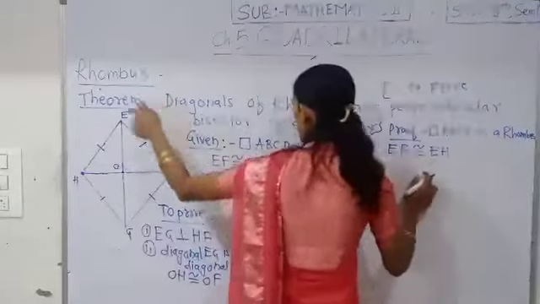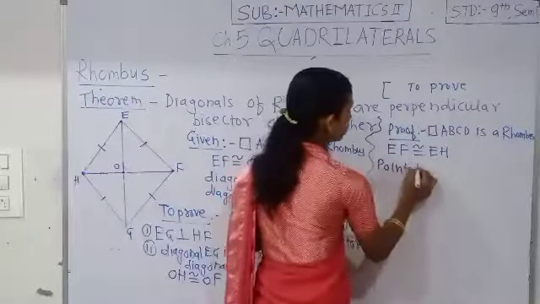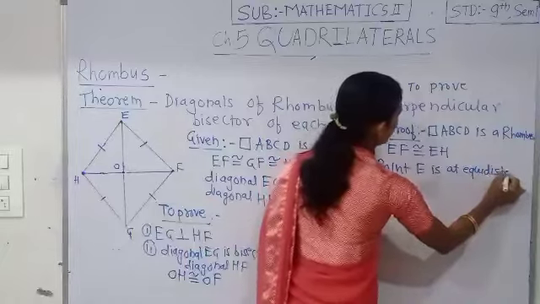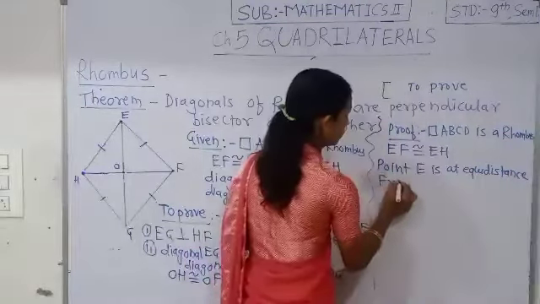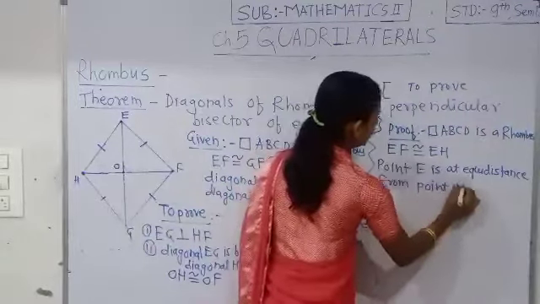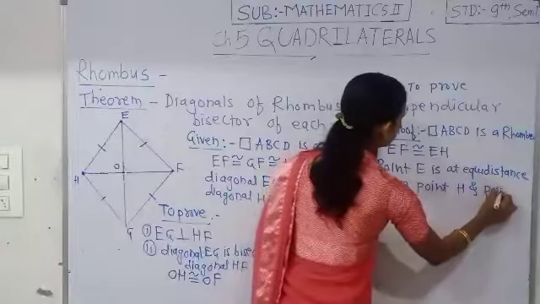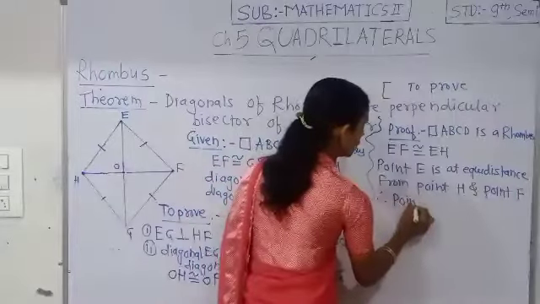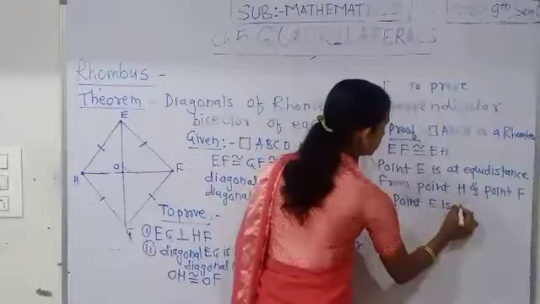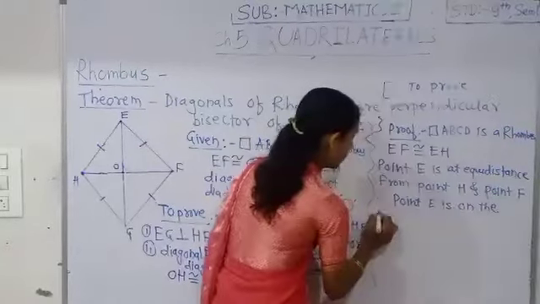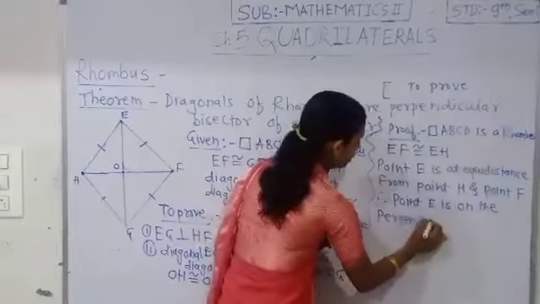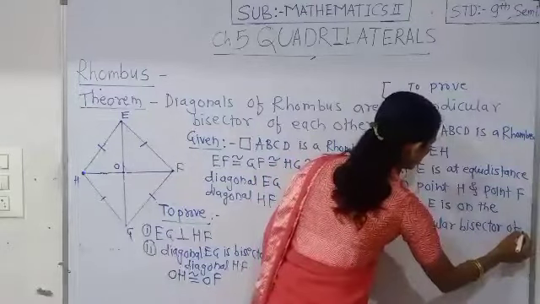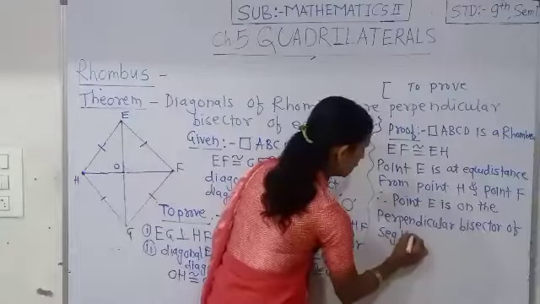As EF congruent EH, therefore point E is at equidistance from point H and point F. Therefore here point E is on the perpendicular bisector of segment HF.